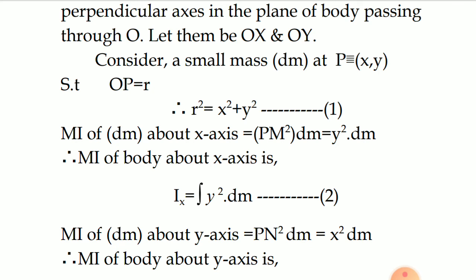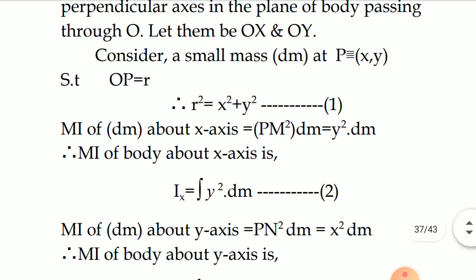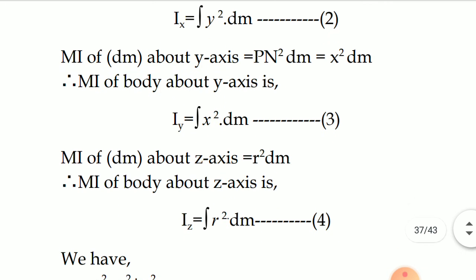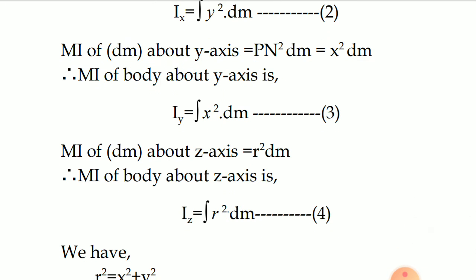What is the MI of only that dm about the x-axis? Since dm is at a distance y from the x-axis, the MI of that small dm about the x-axis is y squared dm, and that's why Ix for the whole body about the x-axis is the integration of y squared dm. Similarly, I about the y-axis of the whole body is the integration of x squared dm, and about the z-axis, the MI of the entire object is the integration of r squared dm.